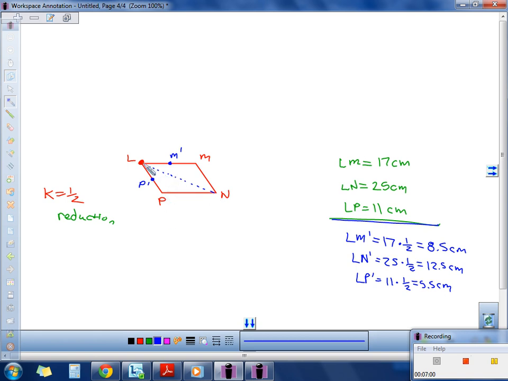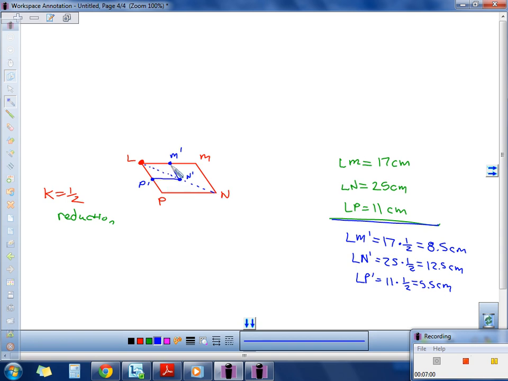However, it's changed now. It isn't going this whole 25 centimeters. I'm only measuring how much along this line? Half of it, which is now 12.5. And 12.5 is about right here. That's my new N prime. So I still measured along that same line, but I stopped halfway.